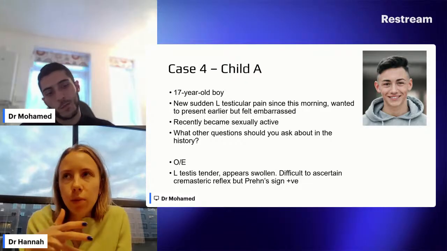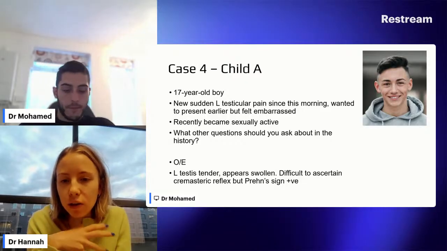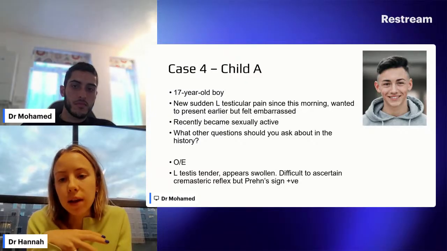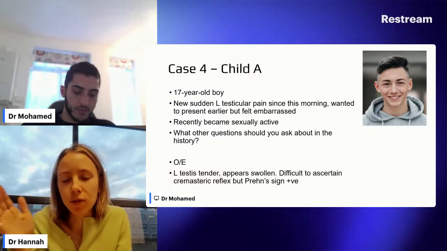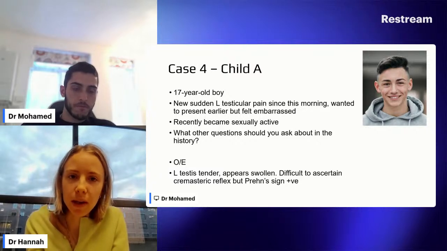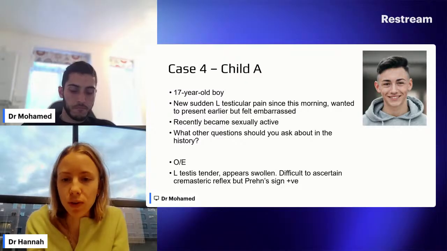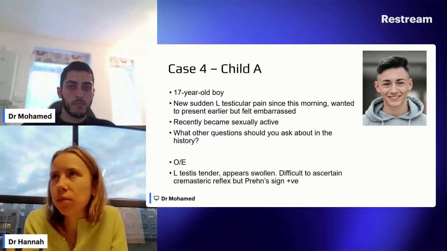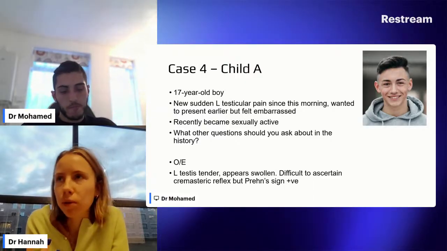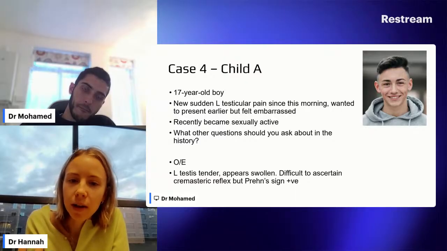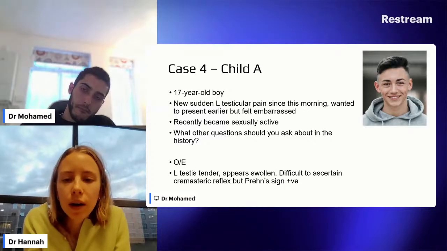Whenever someone's presenting complaint is pain, I think a good question to ask is, what were you doing when the pain came on? Because if someone is able to describe the exact thing that they were doing, that would typically suggest to me that it was a sudden onset. Whereas if they say, it was at some point in the morning between 8 and 10, that's actually more of a slow onset than a bang on.